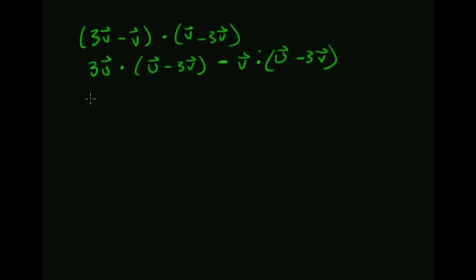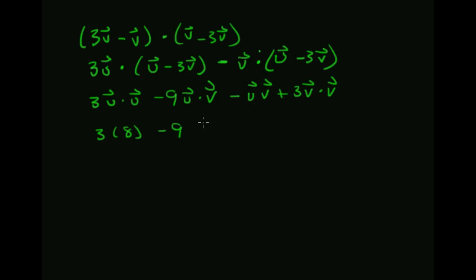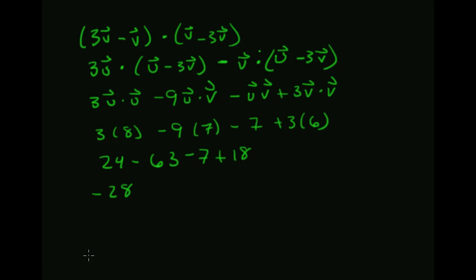So this is 3u dot u minus 9u dot v minus u dot v plus 3v dot v. So this should be 3 times 8 minus 9 times 7 minus 7 plus 3 times 6. So 24 minus 63 minus 7 plus 18, I think comes out as negative 28. All right, so those are the dot product problems, and we move on from there.